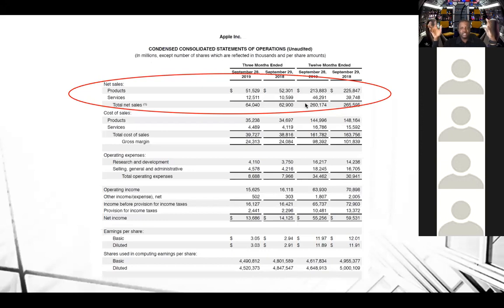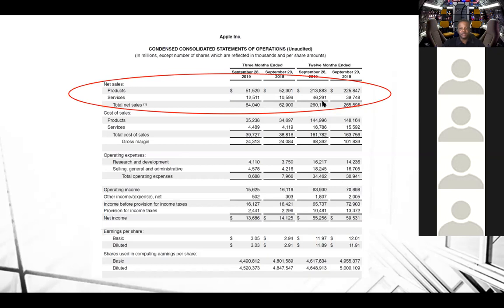How good are you at doing what you do? And Apple is pretty doggone good, $260 billion. When we describe companies, we talk about them in the context of their revenue, right? We'd say Apple's a $260 billion company, not a $55 billion company, right? Not this net income number down here.